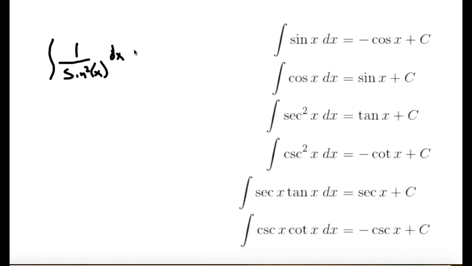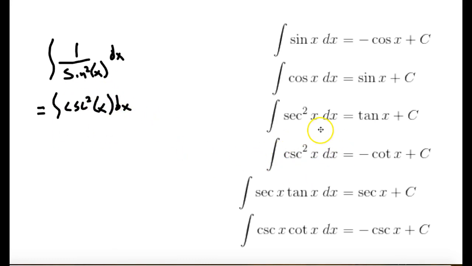However, we can rewrite this and make it a lot easier, just like what we did in the lesson yesterday when we were rewriting polynomials. I can rewrite trig functions as well. The most common identities that we'll use are the reciprocal identities. So 1 over sine squared is the same thing as cosecant squared. So I could say this is the same as cosecant squared of x dx.